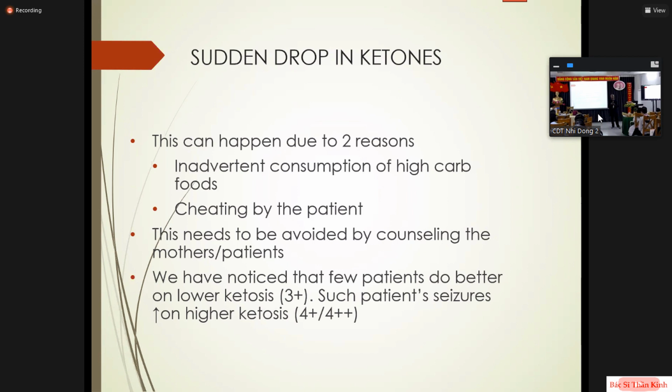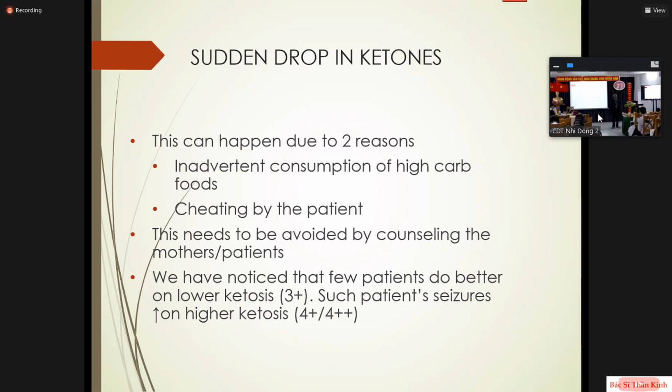So what do we do in the first few days? In the morning you give them a 2-egg omelette. In the afternoon, you give them some fried fish. In the evening, you give them fried chicken. And he's very happy. He gets all the things that you didn't allow him to eat for all these years. So the patient is happy, but where's the carb? There isn't any carbohydrate.